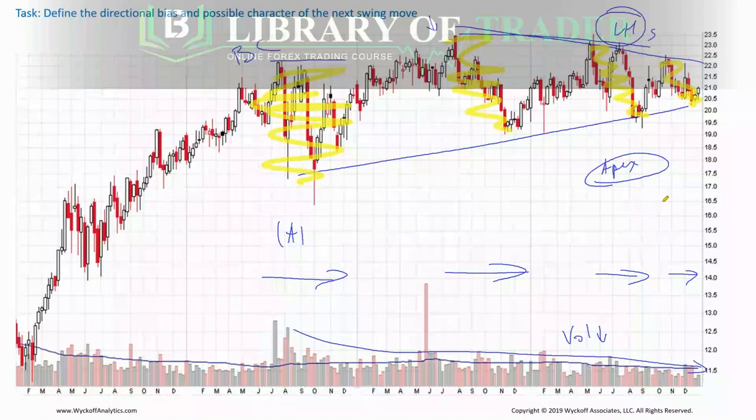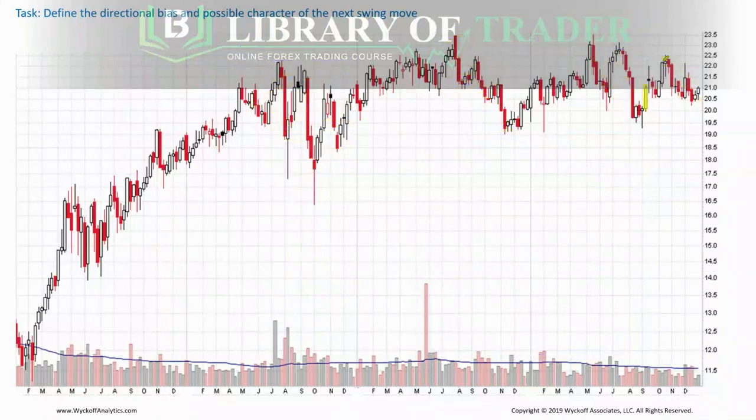We might probably say the same about the rallies as well. We could say, well, the rallies are also diminishing in terms of the result. They're not as big. But even on the latest rallies, we still see some bars that have momentum behind them.